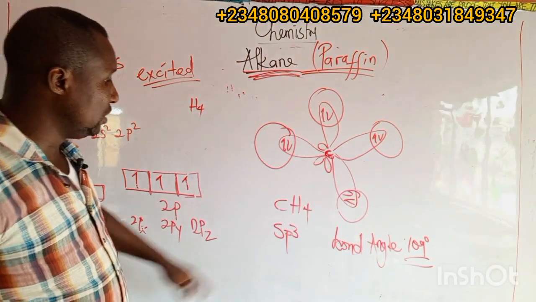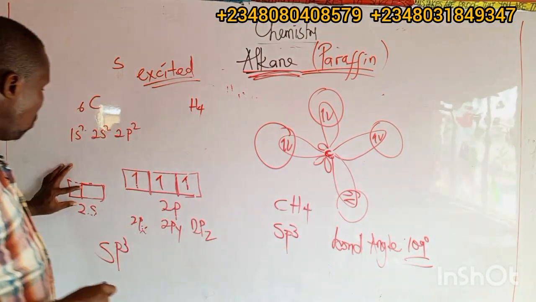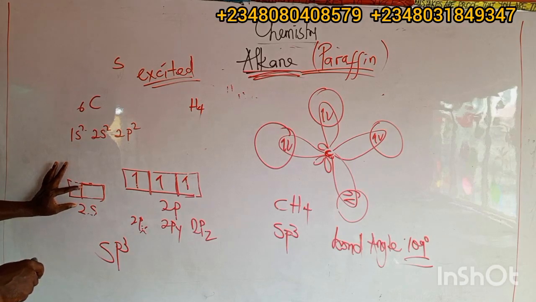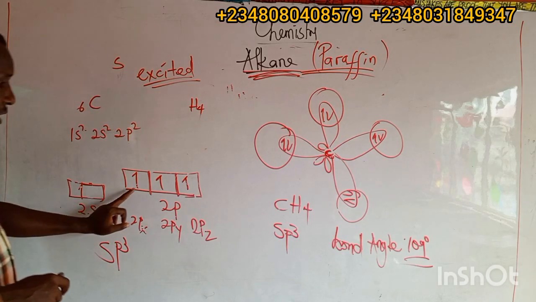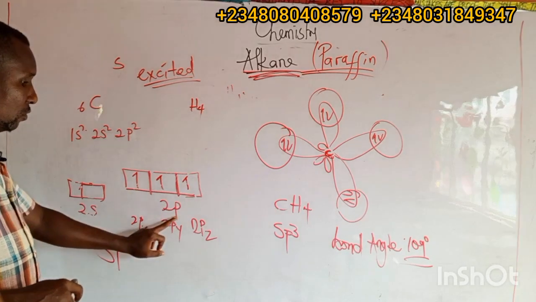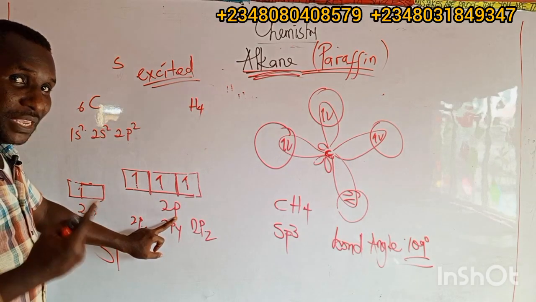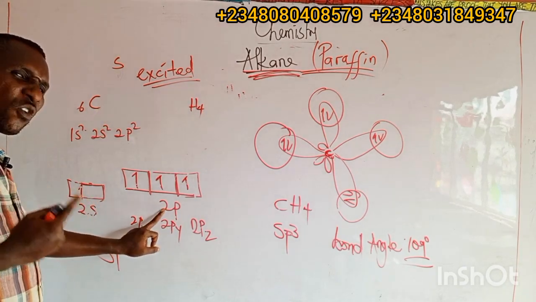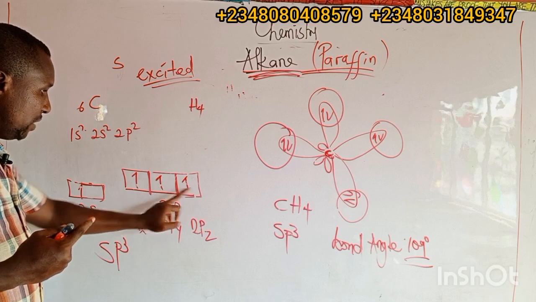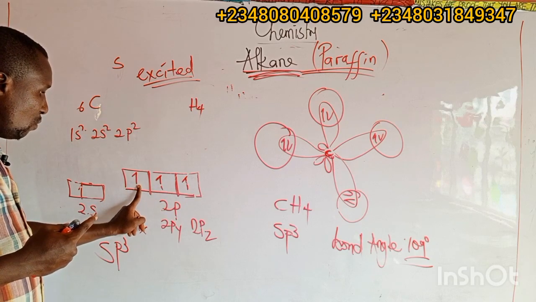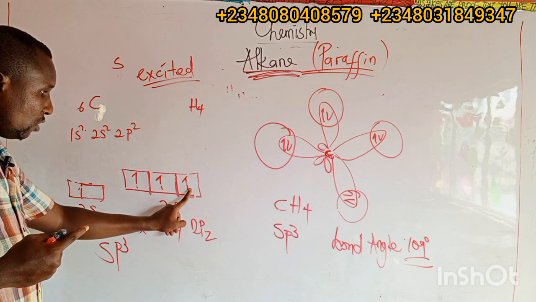The hybridization is sp3. That means one s orbital from the second energy level is mixing with three p orbitals from the second energy level.